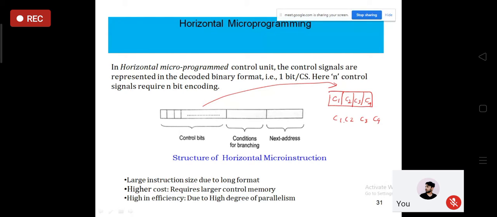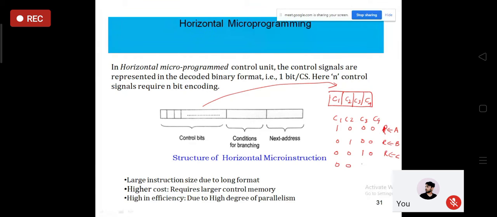Now, if C1 is 1, the remaining control signals will not work, and then maybe some register transfer is going to happen. Suppose some register R is there. This picture is there in the book of TK Ghosh, you can find. If the second control signal is activated, another register transfer is going to happen. If the third control bit is activated, another register transfer is going to happen.